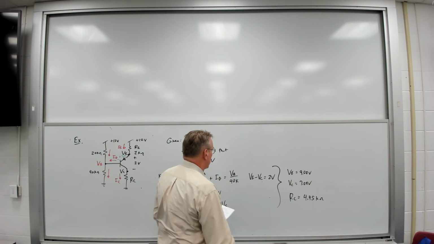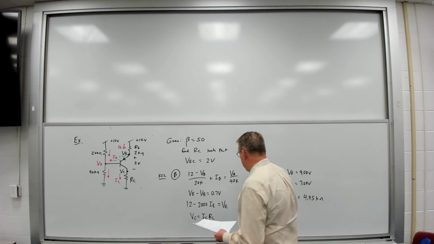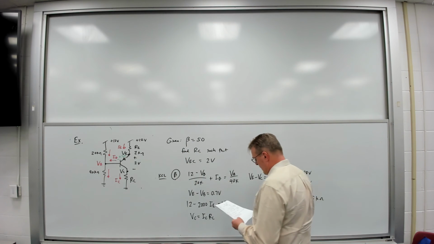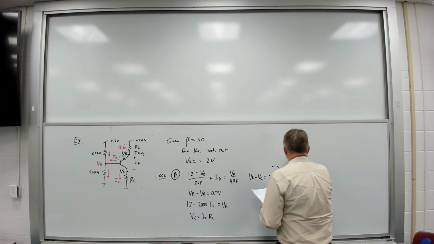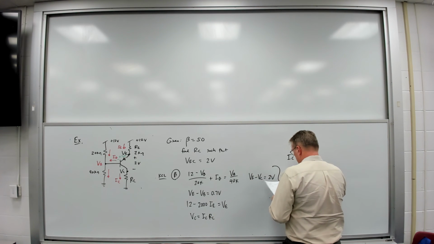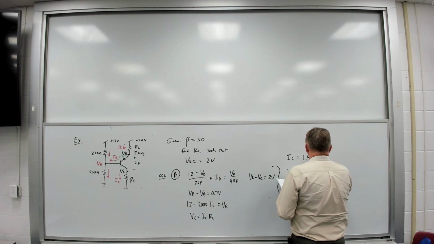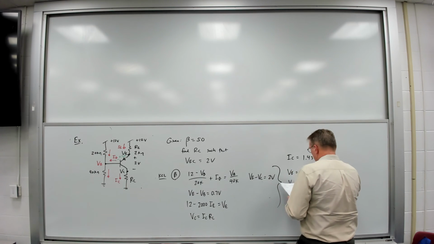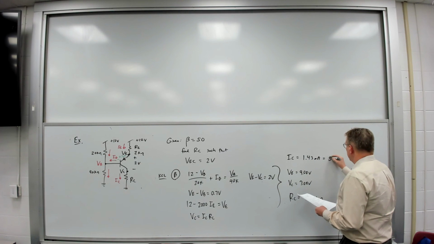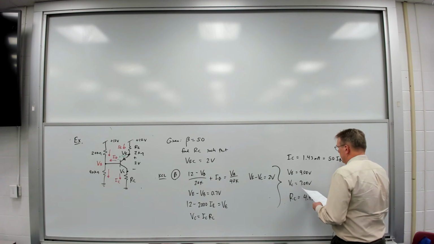In addition, I also forgot to add here that we need to calculate IC. And IC in this case will be equal to 1.43 milliamps, which will be equal to, again, 50 times IB.